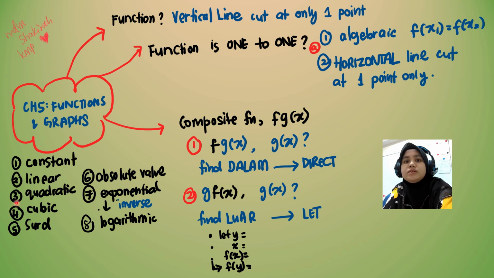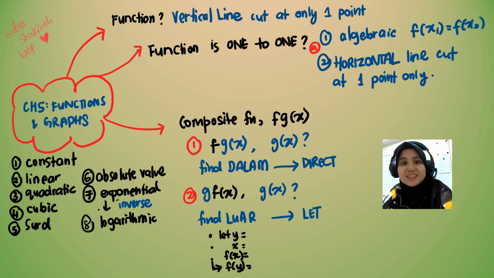Then cubic, absolute value, and exponential, and for exponential you can inverse on y equal to x and you will get the logarithmic function. These are all the functions that you need to know how to draw, and more than one function can come in one question, and we call it a piecewise function.